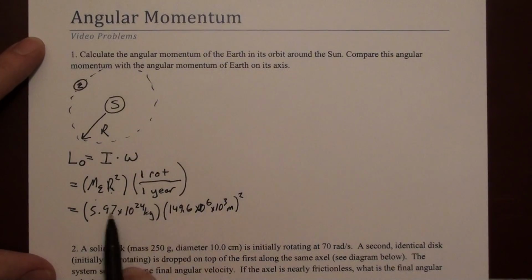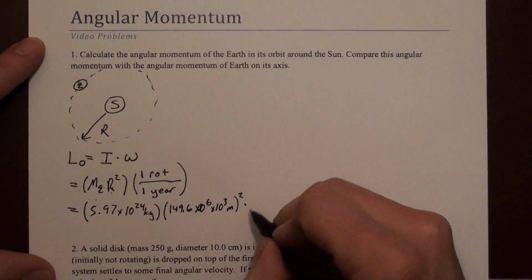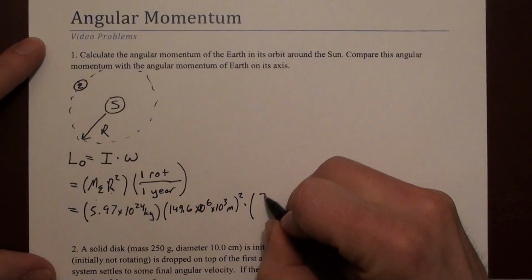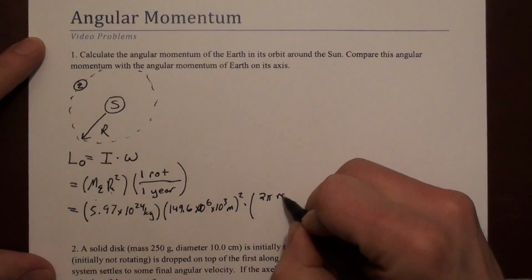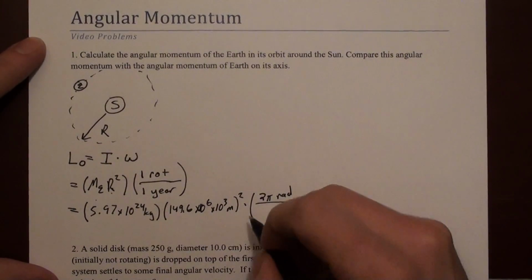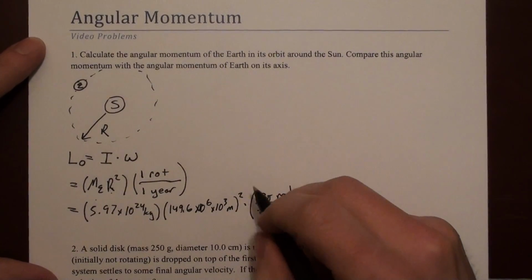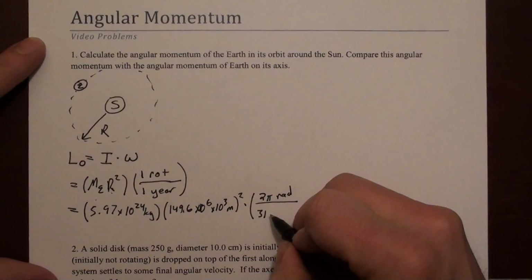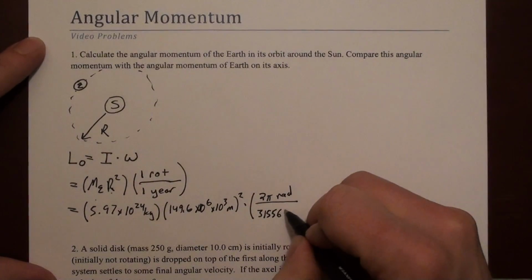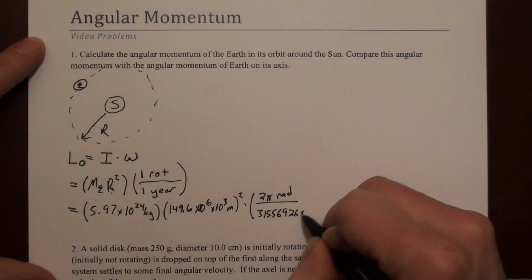Okay, so that's all I, the moment of inertia. And I also need to multiply by omega. One rotation is 2 pi radians, so I'm going to put 2 pi up here. And 1 year is 31,556,926 seconds.